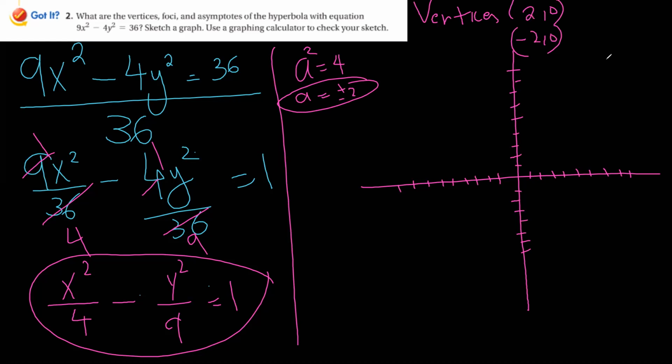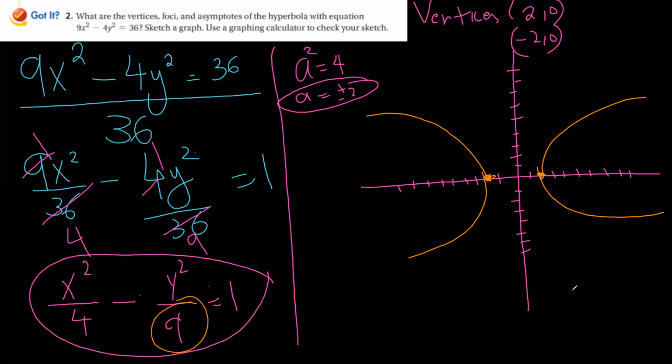Here is (2, 0) and here is (negative 2, 0). This will be the curve. Then from here I can also find the value of b squared, which equals 9, so b is positive, negative 3.